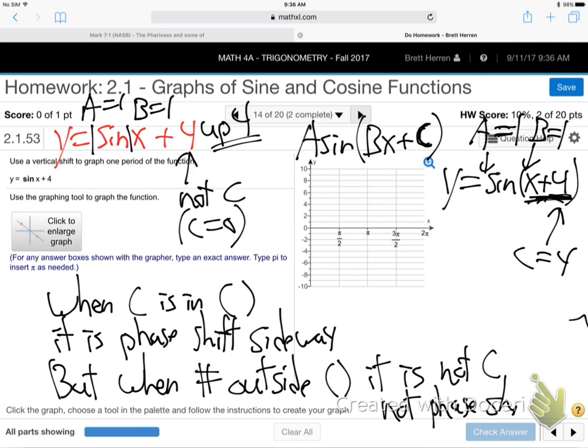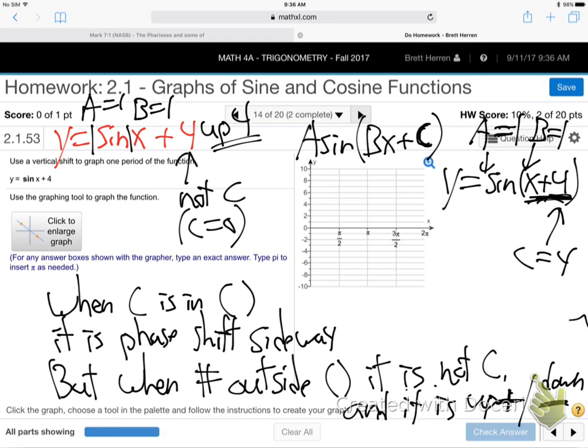It is up for positive, down for negative. It's just a movement up or down. Can you read that? Up for positive, down for negative.